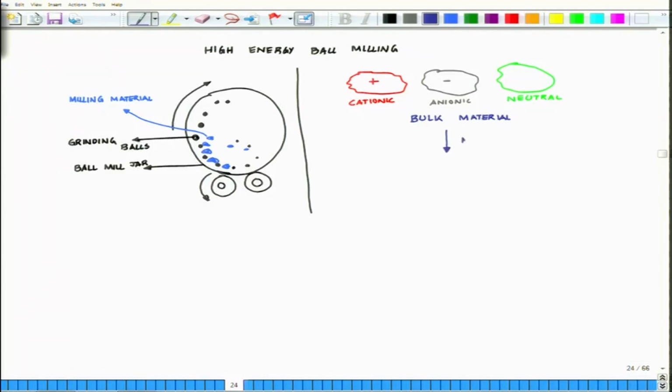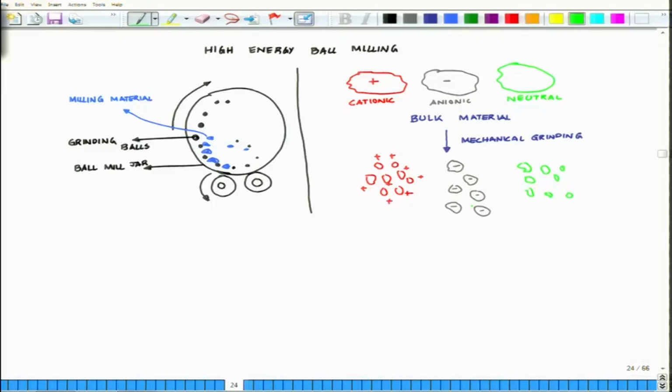Now here you are doing a mechanical grinding. While you are performing the mechanical grinding, what you are getting is smaller parts of the cationic particles which are positively charged, whereas negatively charged particles and neutral charge, but now the size has gone down.